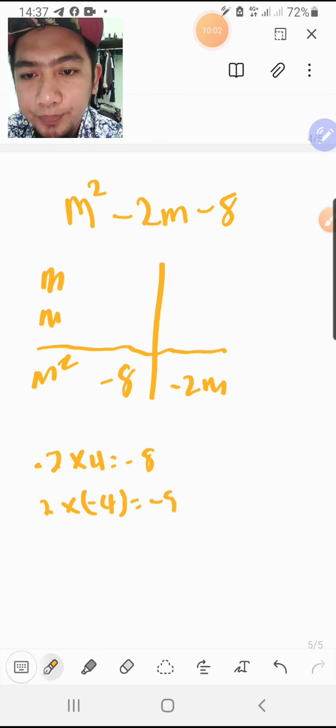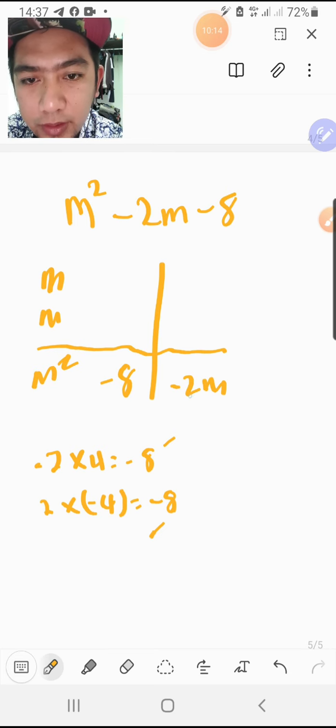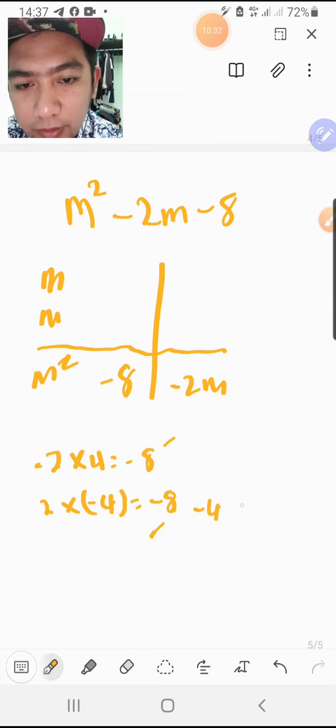So let's try. Actually you can guess which one we have to choose, either this one or this one. Here you have to look here: you must get negative 2 when you add. Negative 2 means we have to take negative 4, because negative 4 plus 2, you will get negative 2.